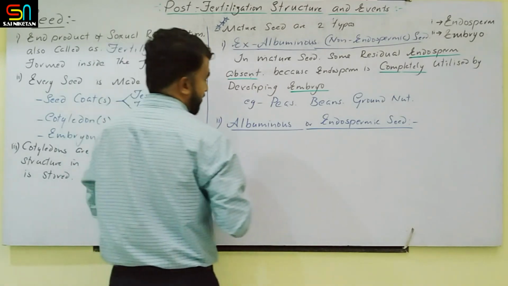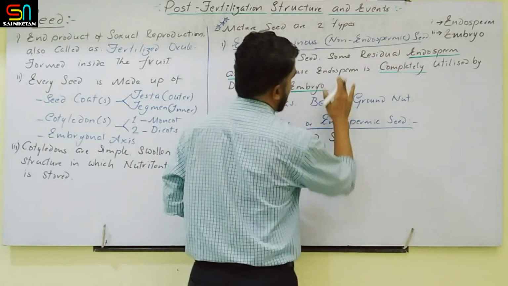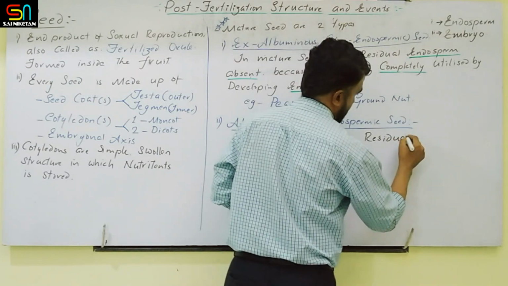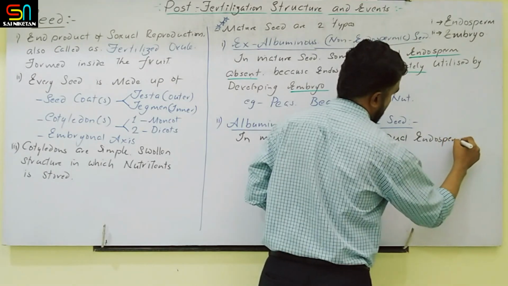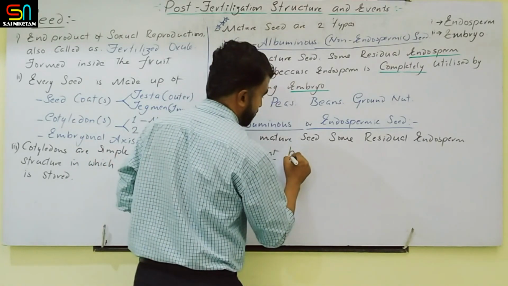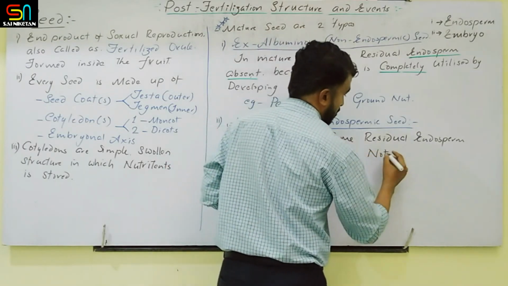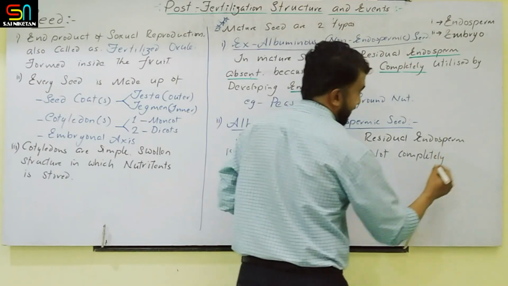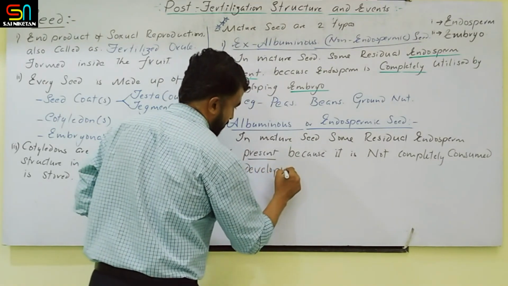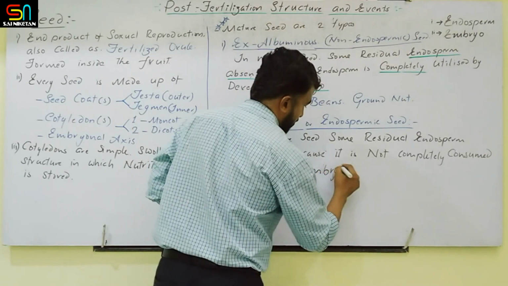In the mature seed, some residual endosperm is present because it is not completely consumed by the developing embryo.